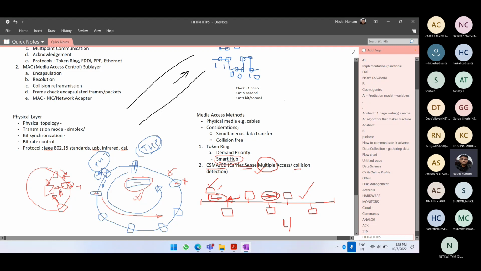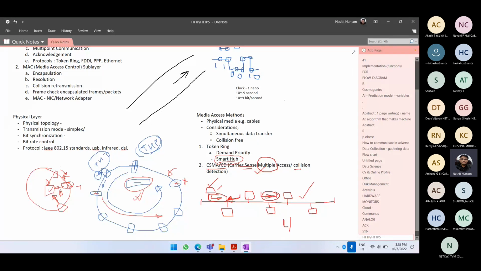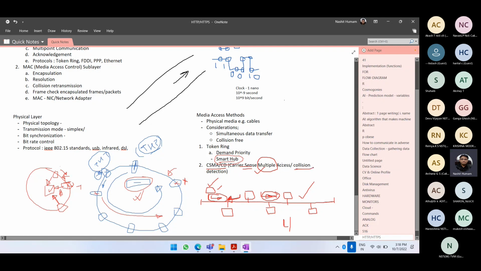And suppose even if my data signal is being transmitted over the medium and even then there is a collision, this collision would be detected by my sender, and it will try to transmit the same data signal again once it feels that this network or this cable is free now.